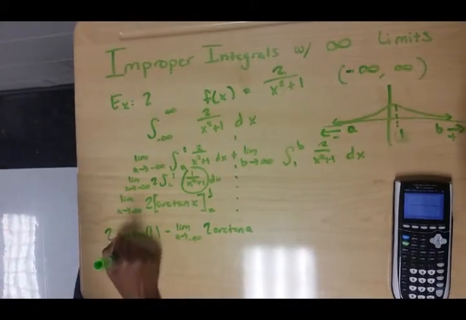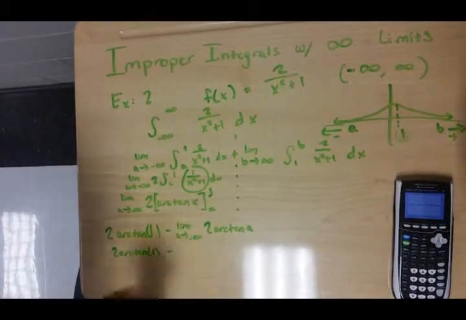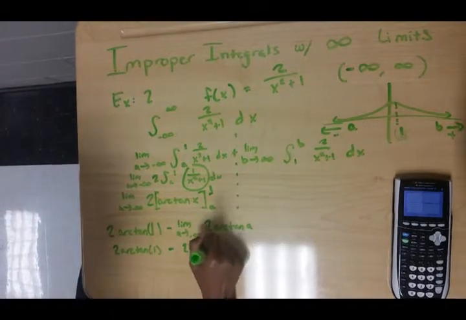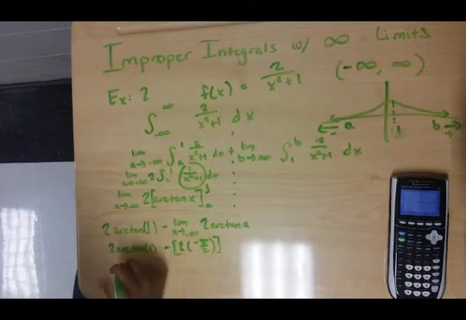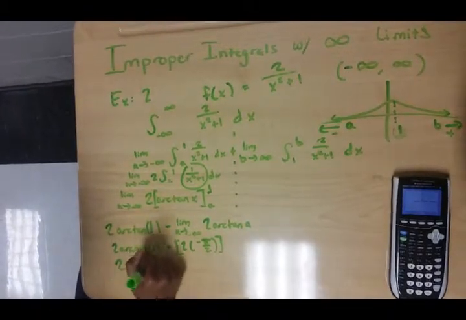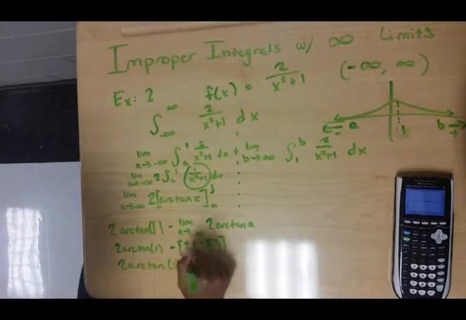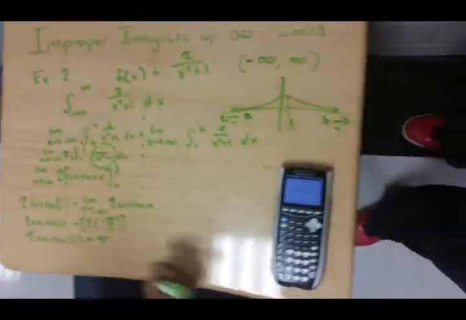So it's 2 times the arctan of 1 minus 2 times negative pi over 2. We'll put those in brackets. Which becomes 2 times the arctan of 1 plus pi.